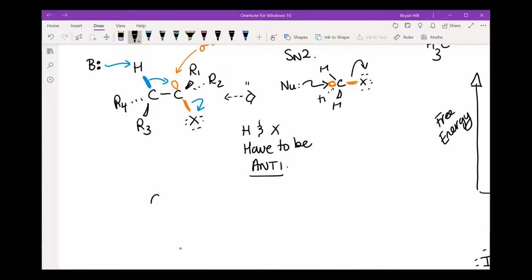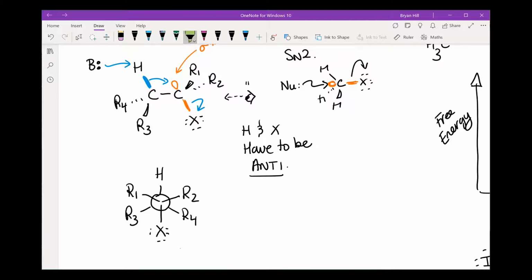So if we are to draw this, this is our eyeball, the first carbon, the X is right below us, so it's down. Then on our right-hand side, going into the board, will be the R2. And on our left-hand side will be R1. And right above us on the back carbon is the H. And then the R4 and R3.